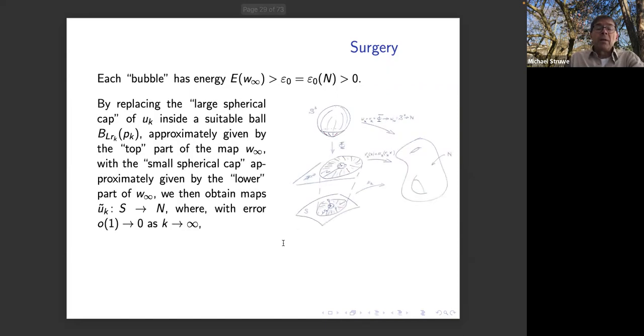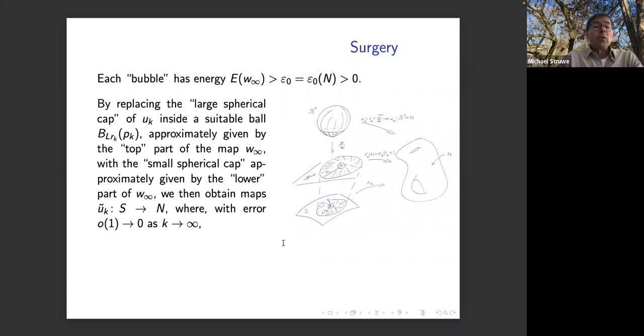Now, let's see how the Sachs-Uhlenbeck result follows from this bubbling compactness alternative. So here I have drawn a sketch for you. I will first read what is written on the left of this sketch, so you can already picture what is going on, and then we'll zoom into the slide so that you can see also the graphics.